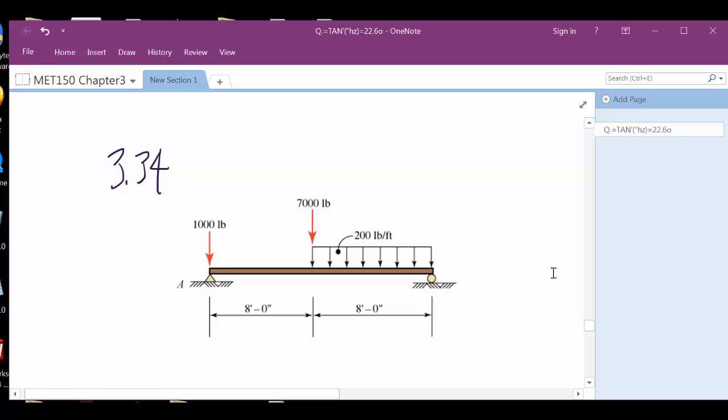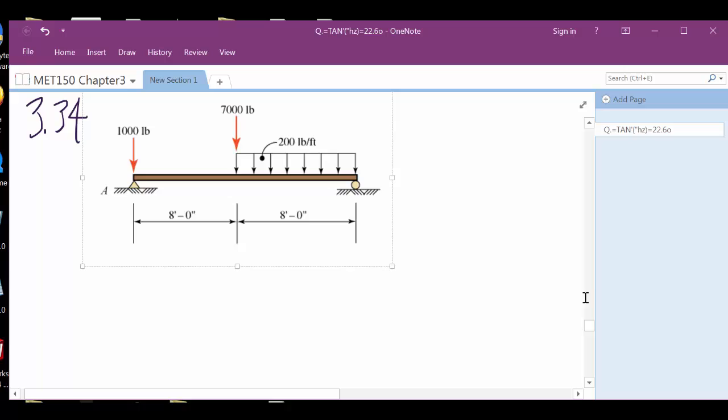34, same thing, essentially. 34, though, notice there's a 1,000-pound force, a 7,000-pound force, and a 200 times 8, right? So nothing real special there. The only thing on that one, when you do your moment, you'd add this plus this, and then you have a force right here, right?